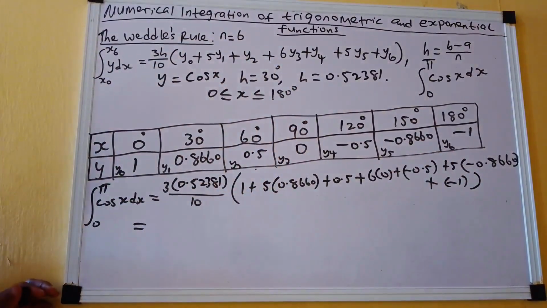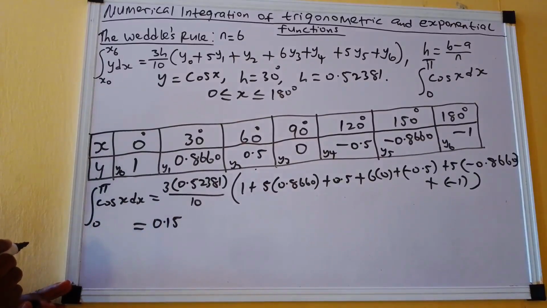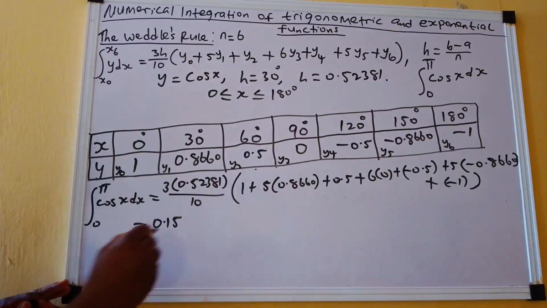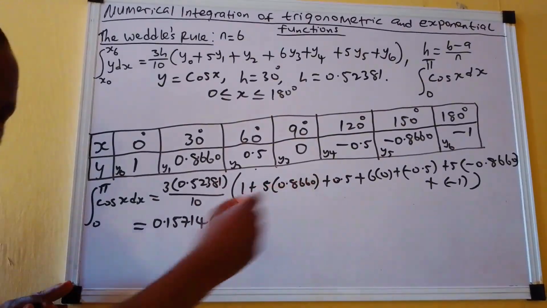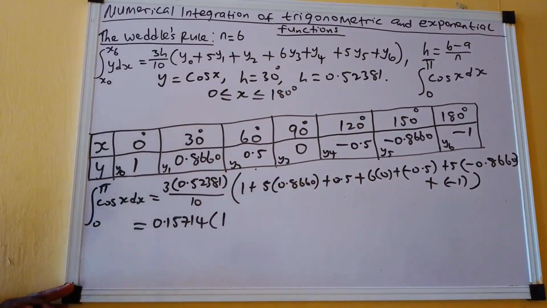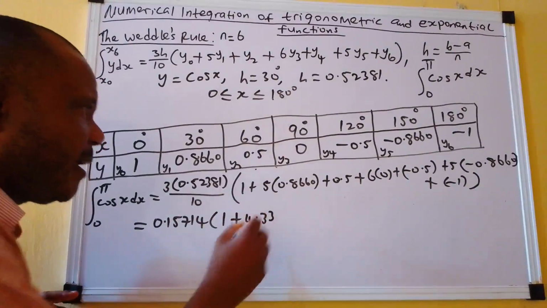So breaking it down, 3 times 0.52381 divided by 10, you are going to have 0.15714, multiplied by 1, plus 5 times 0.8660 which will be plus 4.33.